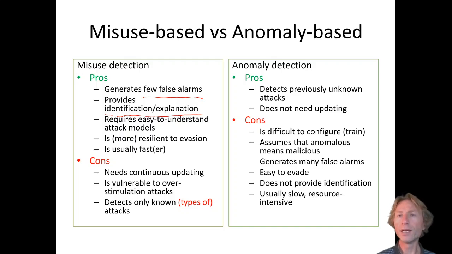Okay. Moreover, your system is often vulnerable to these overstimulation attacks, where you actually throw lots of things at this IDS with complicated patterns that simply require a lot of checking, and it might actually cause a denial of service attack through the IDS.